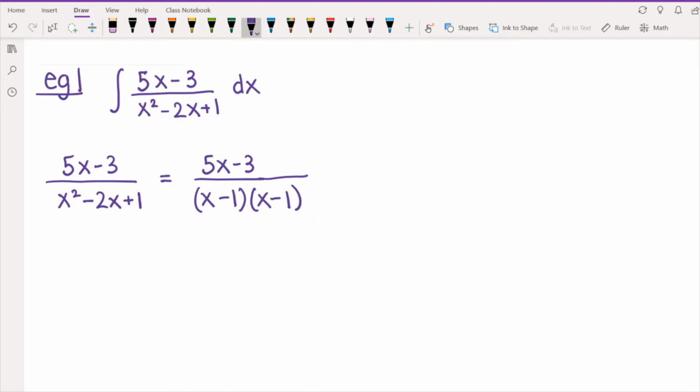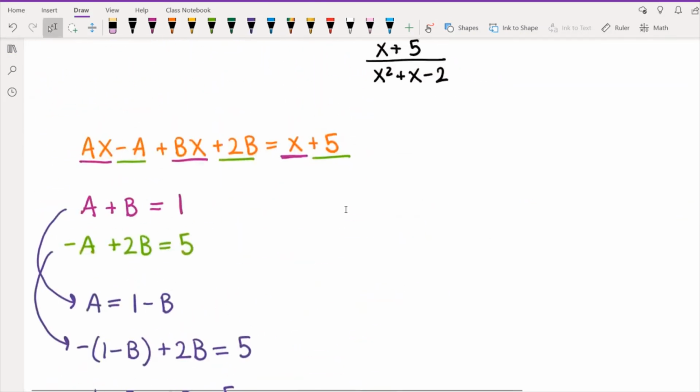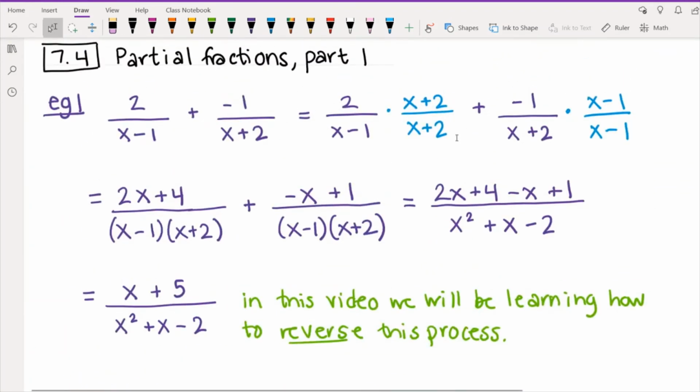So this is what's different about this one. So when you have a denominator that has a repeated factor, like this one. So let's think about, going way back to the beginning, why was it that the factors of the denominator were the denominators of the things we were adding up?